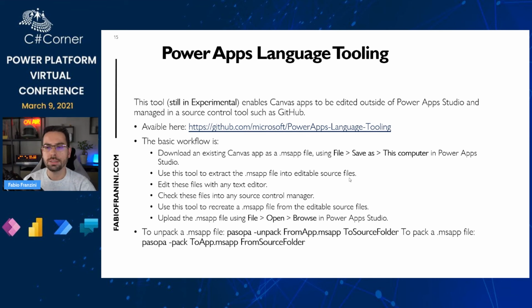This tool, available at this GitHub repo, is a .NET tool that is able to take the Microsoft MS app file, the Canvas file, and unpack it into the source code. And again, we are able to take the source code and generate the MS app again to import inside Power Apps.